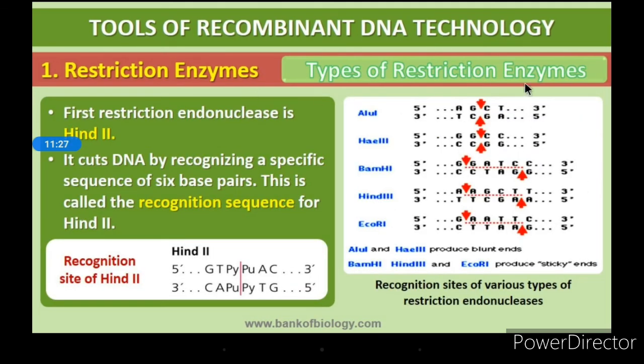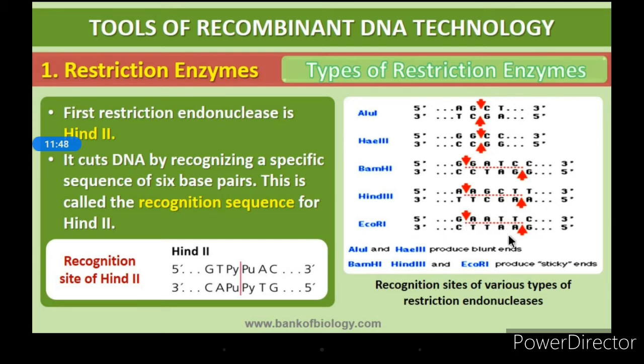And here you can see the types of restriction enzymes. One we discussed, that is EcoR1. In the same way, many other examples are given, and here you can see the restriction sites of various types of restriction endonucleases. EcoR1, we know, will cut from GA, that is 5' to 3'.